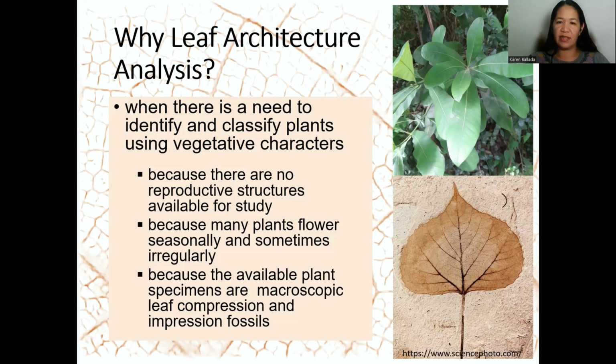So in other words, there are a lot of instances wherein we need to identify plants, but the problem is that there are no reproductive structures that we can work on to make sure that we are doing the identification accurately. At these instances, we can make use of leaf architecture analysis so that we would be able to carry out the proper identification and classification of the plants.